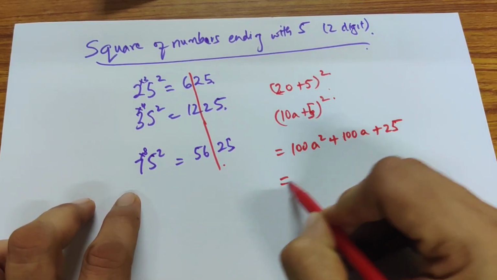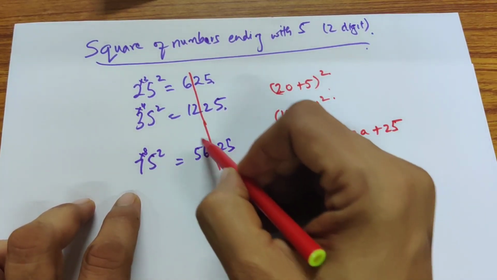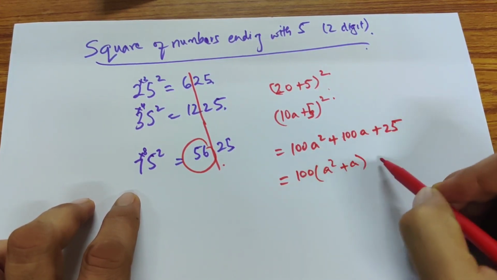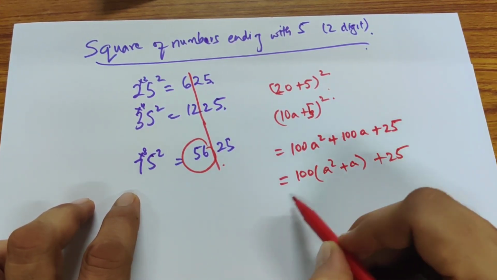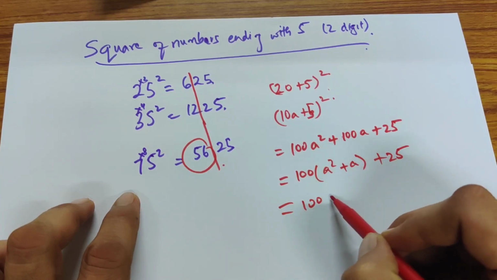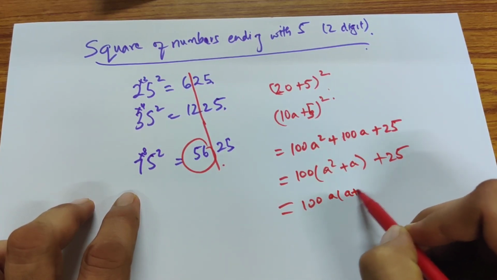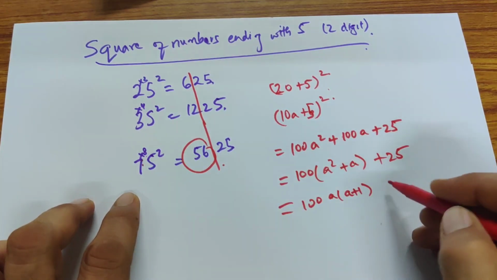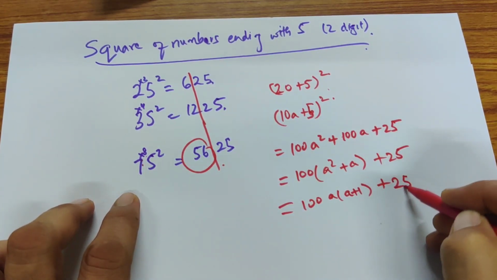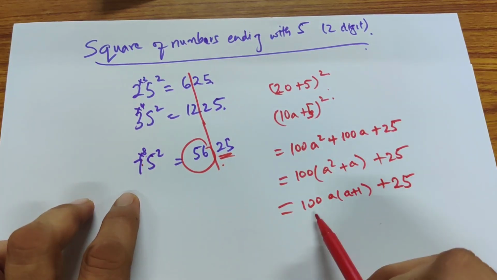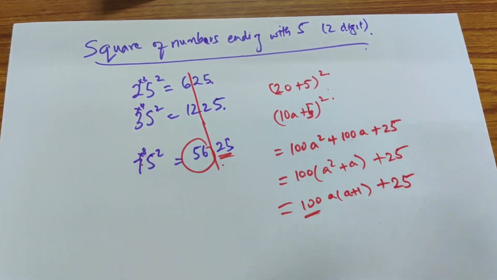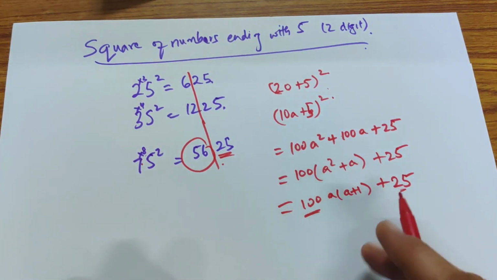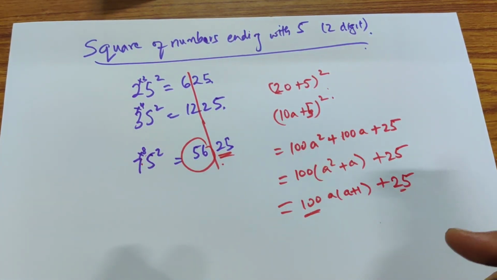If I look at this, I can take 100 common, and I'm getting a squared plus a, plus 25, which is 100 times a into a plus 1. So this is that 7 times 8, the product of 7 times 8, plus 25. That's why the 25 is always here. These are always hundreds, so they will never come in the ones and the tens place. So this will always have the 25 and the other thing will shift over.